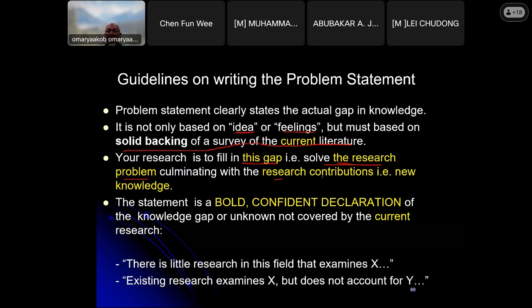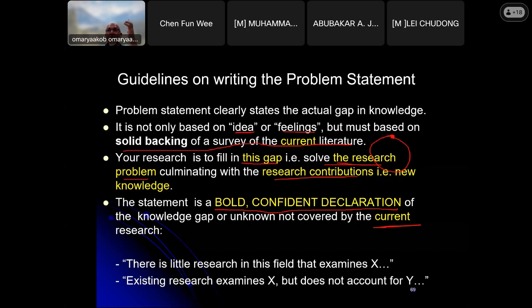That's the new knowledge. Remember the figure that I made, the human knowledge thing, and you are trying to concentrate on one area here. So this is your problem statement, the unknown. The statement is a bold, confident declaration of the knowledge gap or the unknown not covered by the current research.